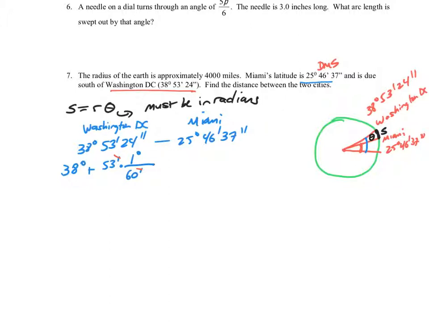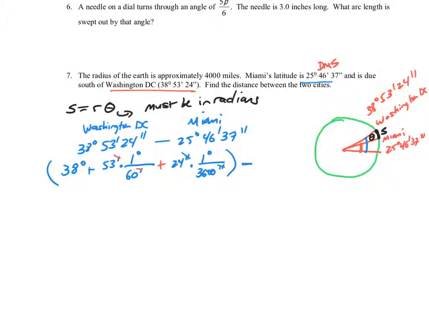And then we add to that the 24 seconds. Either you can do two conversions or you can just say there's 3,600 seconds in 1 degree, and then the seconds cancel out. That's going to be the latitude for Washington, D.C. as a decimal.